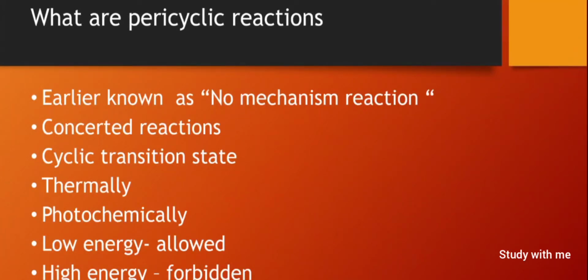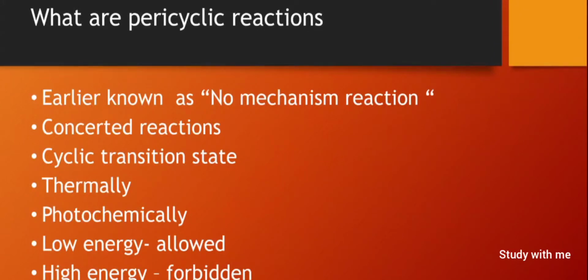The most remarkable observation about such reactions is that thermal and photochemical processes yield products with a different stereochemistry. So, the thermal and photochemical processes will have different products that differ in stereochemistry, and this can be said that there are allowed and forbidden reactions.